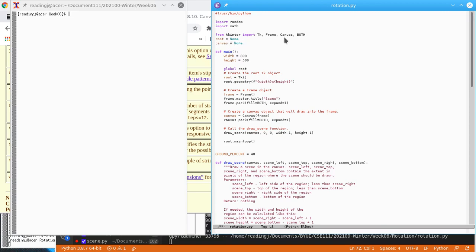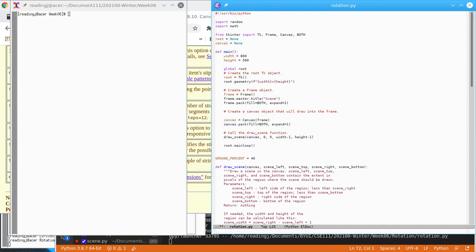so we're going to create a global, and let's see, where is canvas. There we go. Global canvas. And we're going to take it out of there.